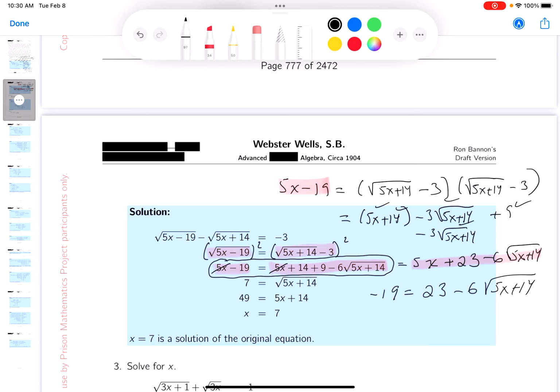Oh, maybe not. Let's write this down. Minus, let's see, 42, right? And that's minus 6. No, I didn't make a mistake. I thought I made a mistake. When you look at a key, you wonder, hey, what did they do? Well, I took 23 from both sides. I'm going to divide both sides by minus 6. And 6 goes into 42 7 times.